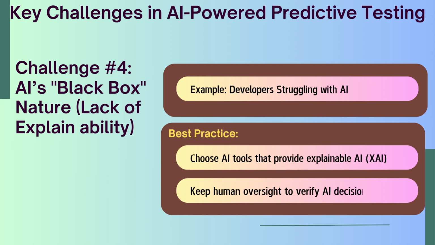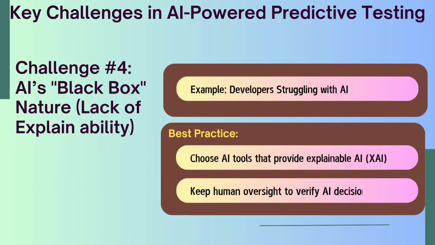Challenge 4: AI's black box nature, lack of explainability. Basically, AI can make decisions without clear explanation, making it hard to trust. For example, developers struggling with AI's unclear test case suggestions. A CI/CD pipeline used AI to auto prioritize tests, but developers struggled to understand why some test cases were skipped.